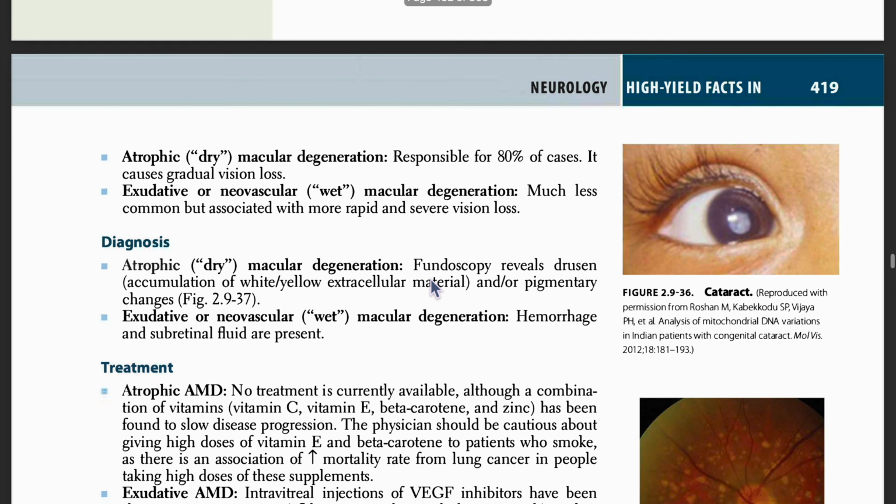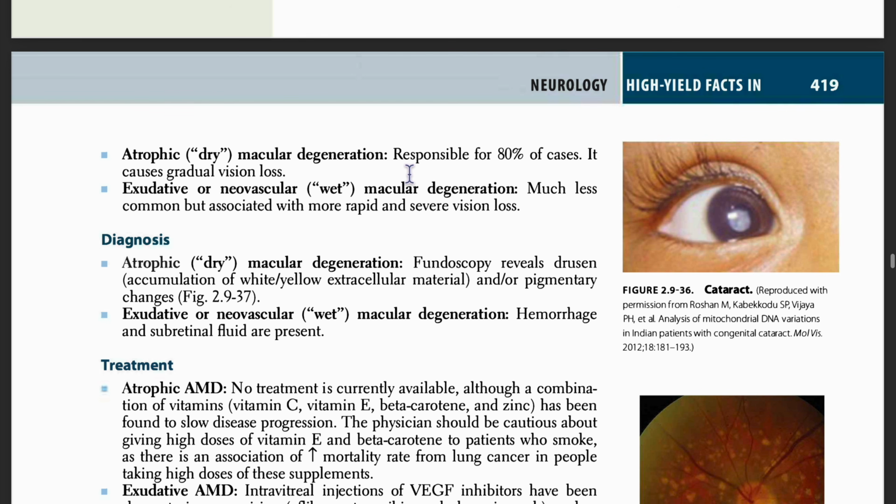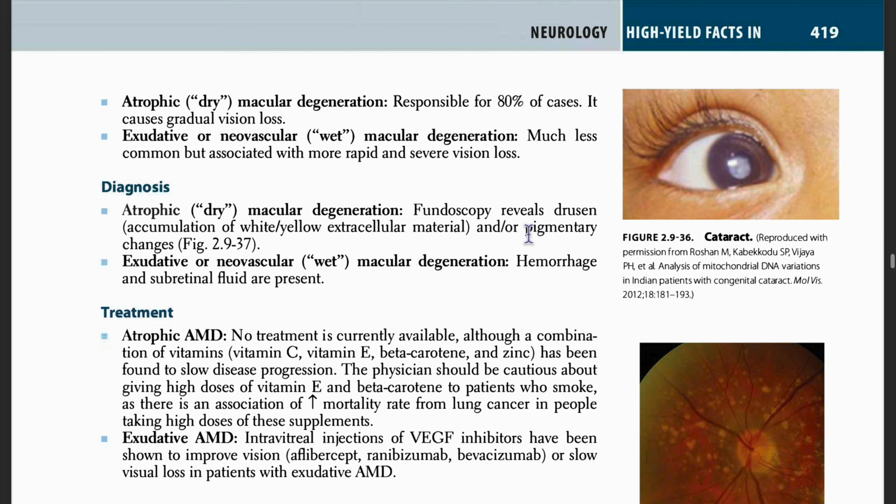Atrophic dry macular degeneration is responsible for 80% of cases. It causes gradual vision loss. Exudative or neovascular wet macular degeneration is much less common but associated with more rapid and severe vision loss.